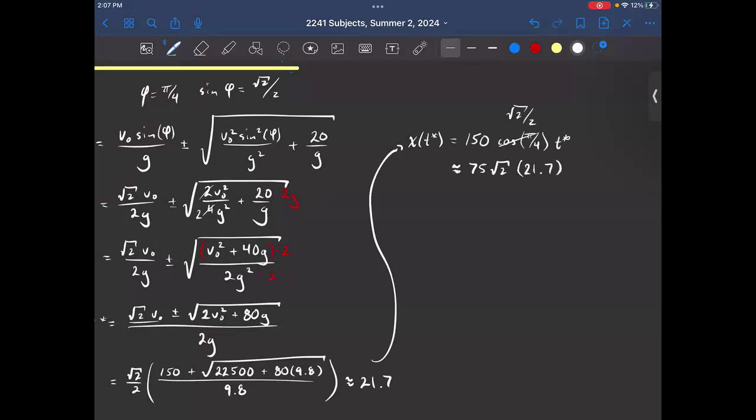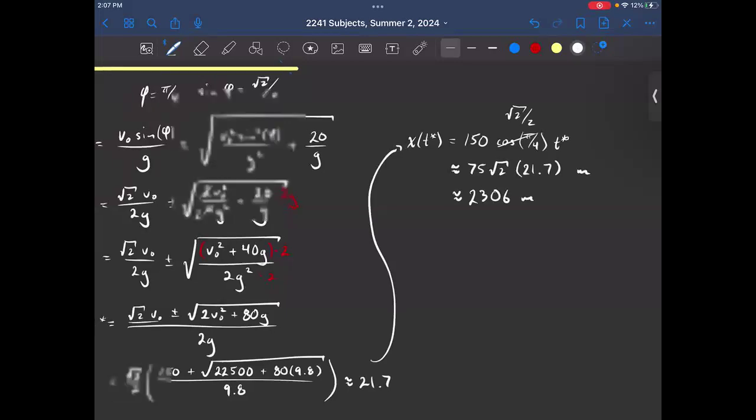So approximately equal to this. This should be in meters, just to double check our units. And this comes out to about 2,306 meters. That's a really, really fast rock, really strong slingshot.